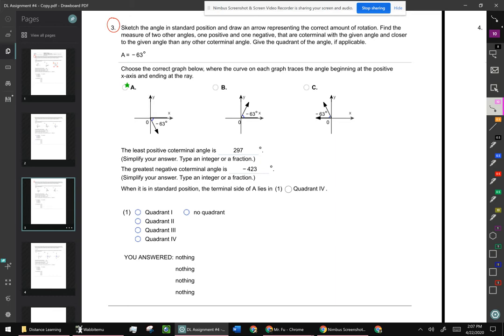Again, from last week, you should have come up with the conclusion that to get that same position, you can add 360 or subtract 360. They all end up being the same. It's just understanding how it works within the 4 quadrants. No matter what, you end up in quadrant 4.